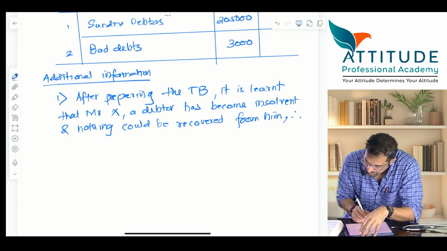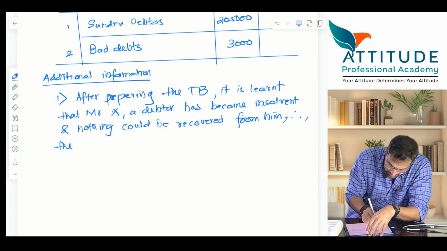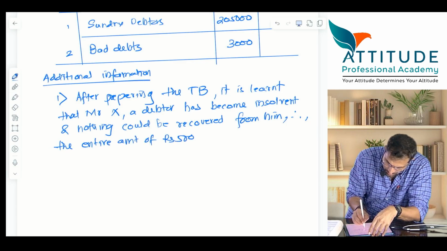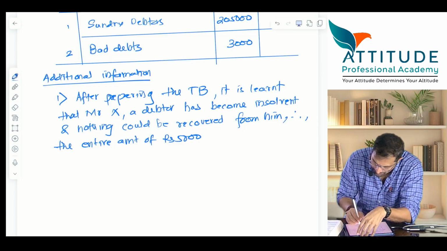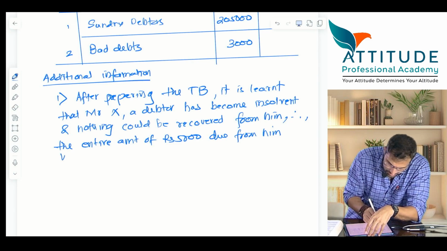Therefore, the entire amount of 5000 due from him was irrecoverable.